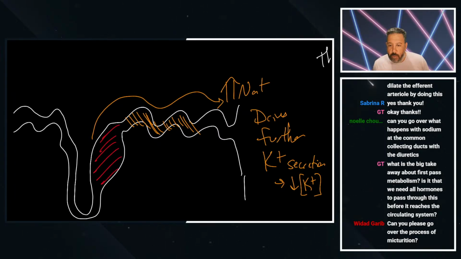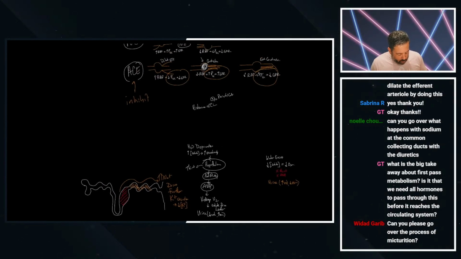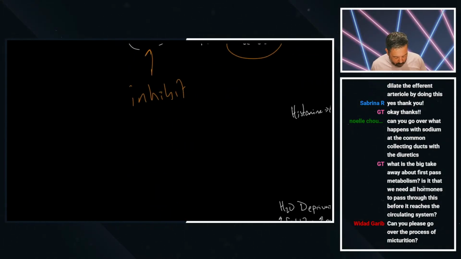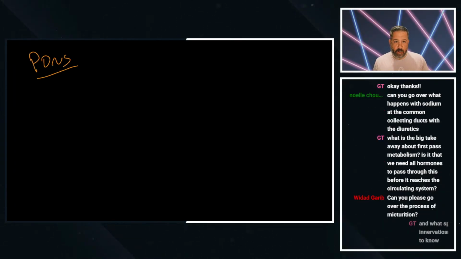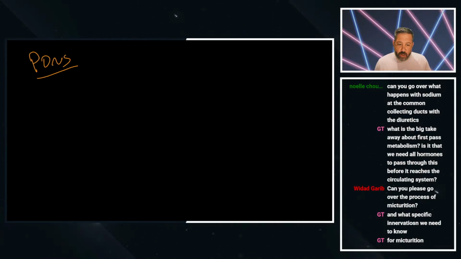Okay, let's talk about micturition and how we go to the bathroom. The pons is where we have that micturition center, which senses the fullness of our bladder.